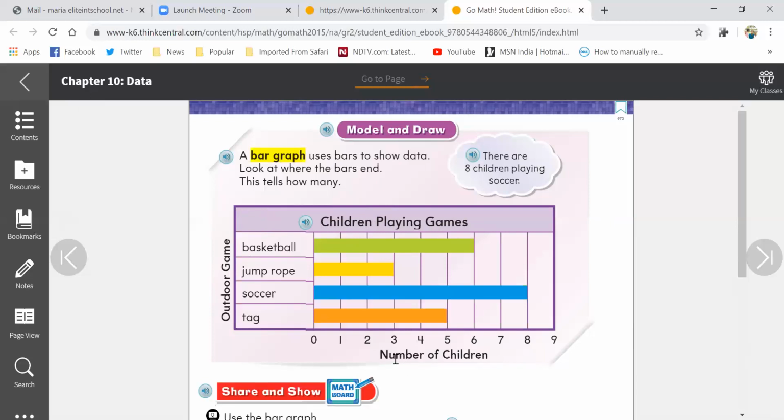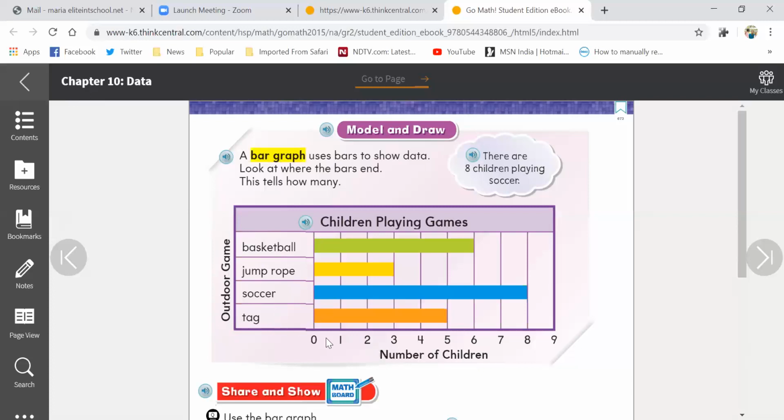This one says the number of children, and this one says outdoor games. Okay, so this one is the title for these sports or these games. So what are they? Basketball, jump rope, soccer, and tag.